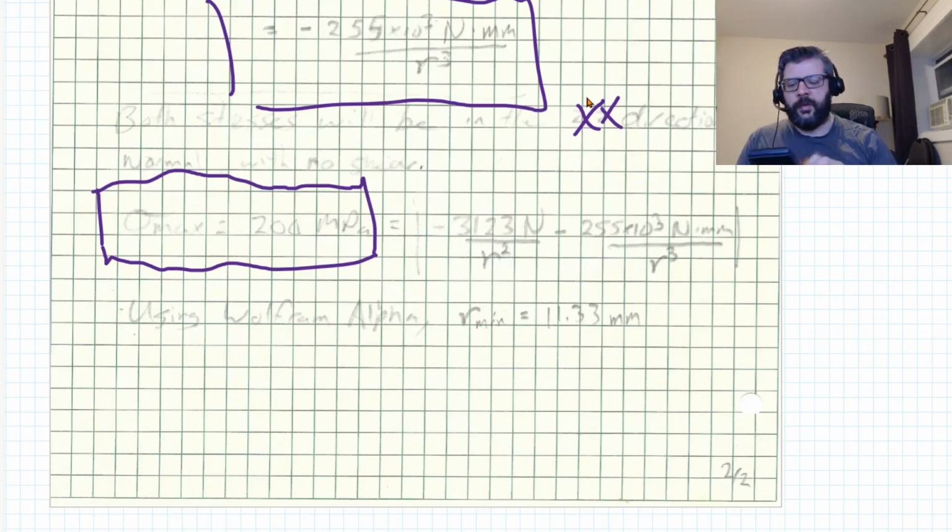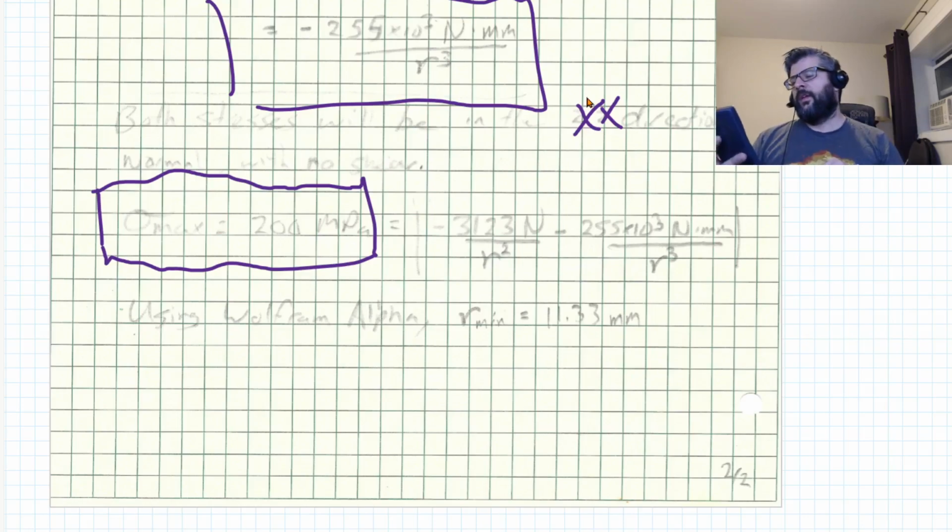r min is equal to 11.33 millimeters. As per usual, we can do a quick calculator check to ensure that we plugged the right values into whatever we're using to solve.